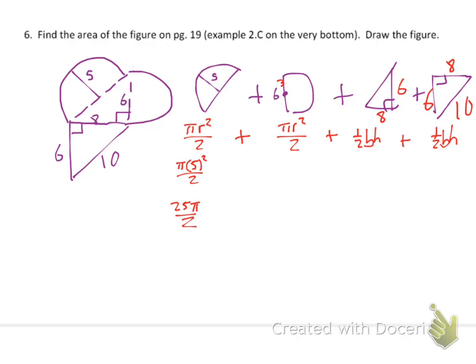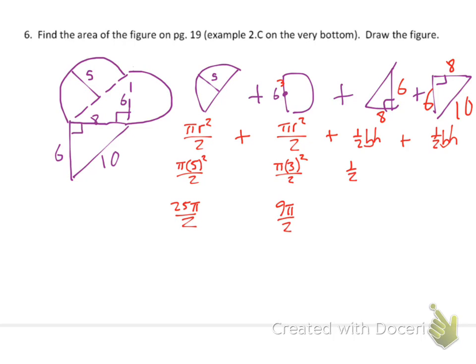Pi is an irrational number. It's a decimal too. If you're going to leave it as 12.5 pi, then you might as well just take your calculator and give me the value. Leave it as an improper fraction, 25 pi over 2. Next one. Radius is 3. 3 squared is 9 pi over 2.